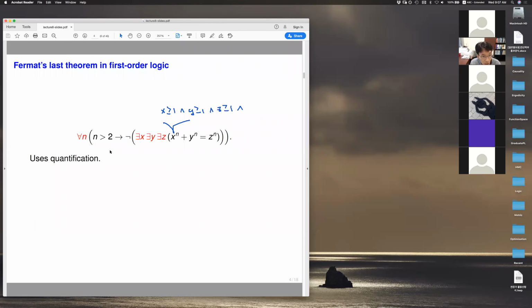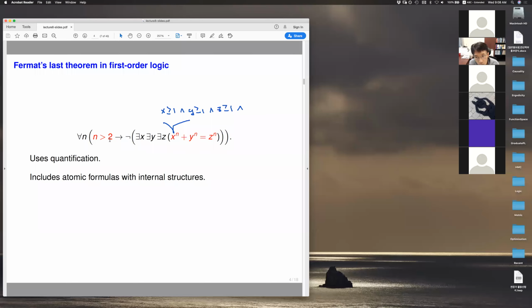Second, the atomic formula that we used in propositional logic was either true, false, or a propositional variable. Here, the atomic formula has a structure. It's more complicated, and it's not just a very basic case like a propositional variable P. Instead, it says something about some relationship between objects. In this case, one atomic formula is n is greater than 2.